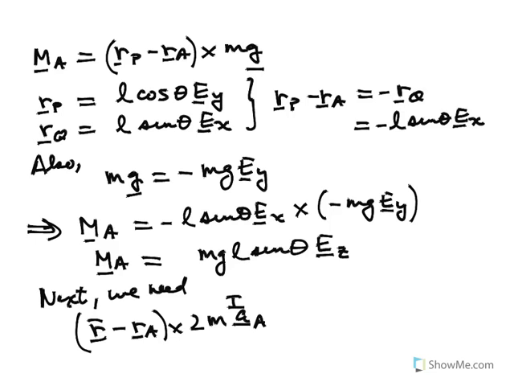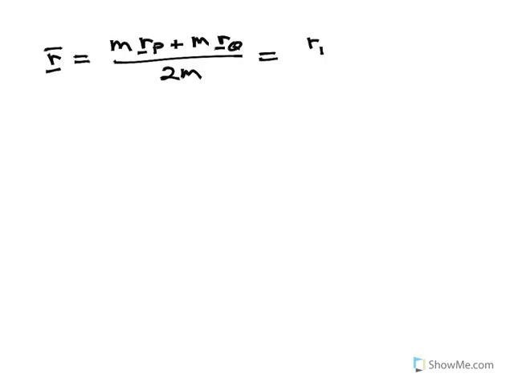So what's R bar equal to? Let's do that first. R bar, which is the position of the center of mass, is equal to the first mass times the position of P plus the second mass times the position of Q, all divided by the sum of the two masses, which is 2m. So this is equal to RP plus RQ, all divided by 2.